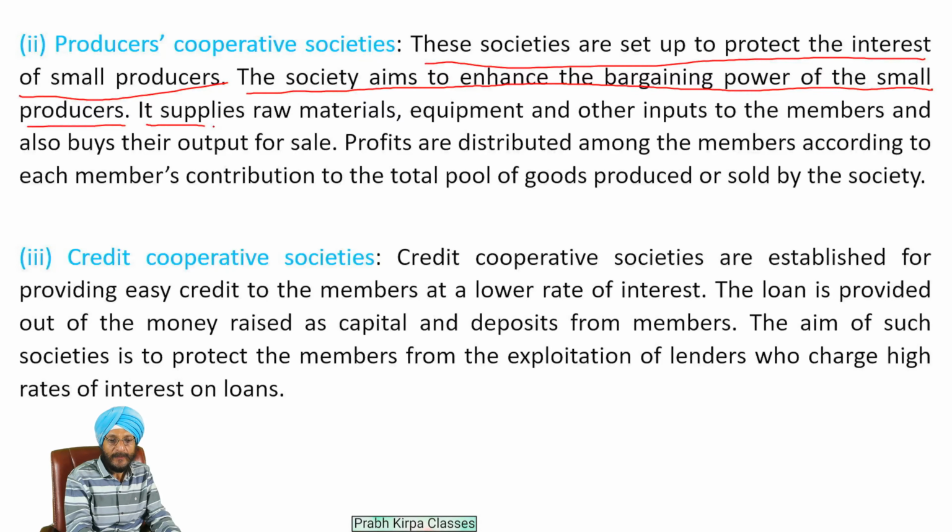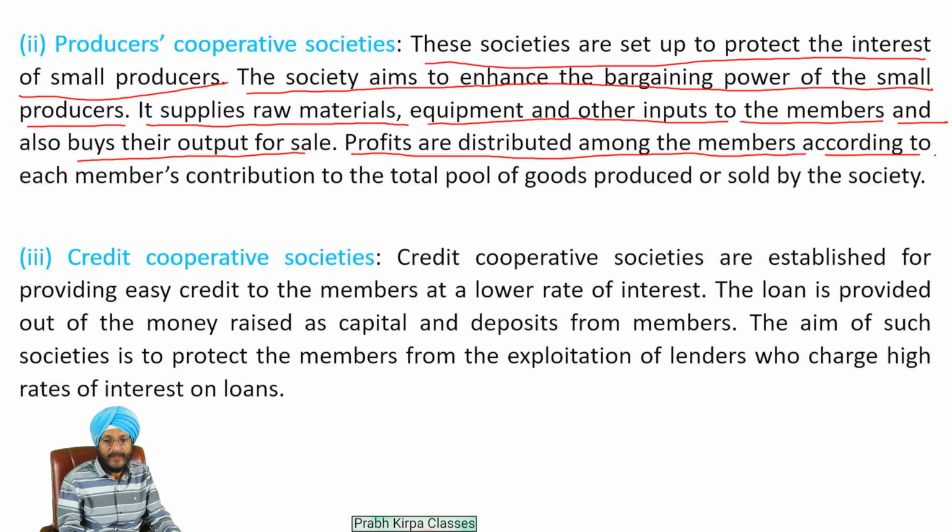This society provides or supplies raw materials, equipment, and other inputs to the members and also buys their output for sale. Profits are distributed among the members according to each member's contribution to the total pool of goods produced or sold by the society.